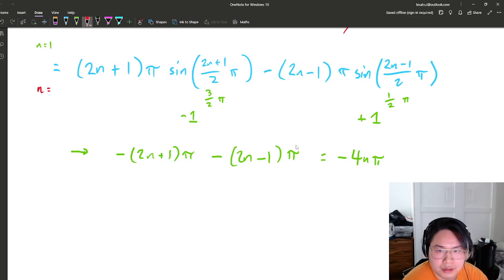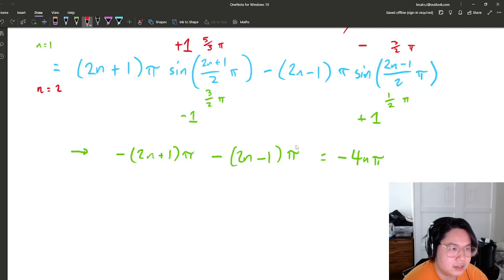This will probably give you the positive version. So when n is 2, this one starts at 5/2 of pi and this one starts at 3/2 of pi, so this one is now +1 and this one is now -1, the sine value.